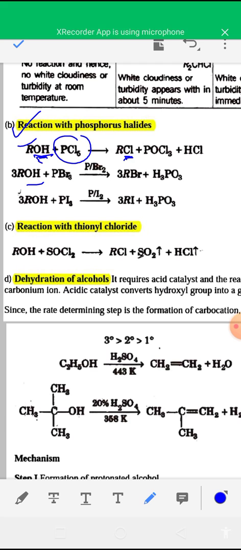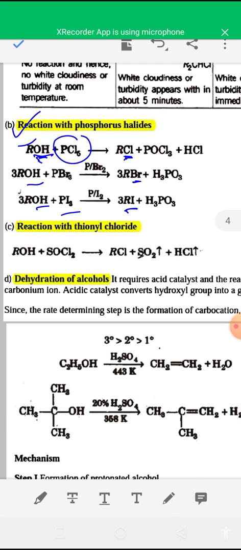For example, ROH plus PCl5 gives RCl plus POCl3. Similarly, when ROH reacts with PBr3, the OH group will be substituted by a bromine atom. When alcohols react with PI3, the OH group will be substituted by iodine. So this is mainly a substitution reaction.